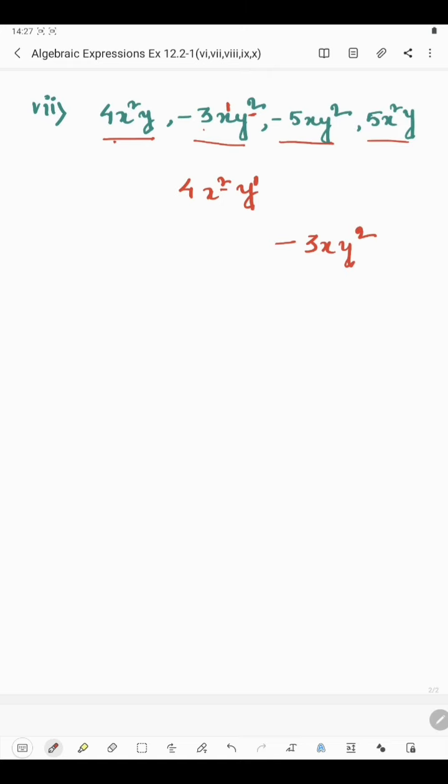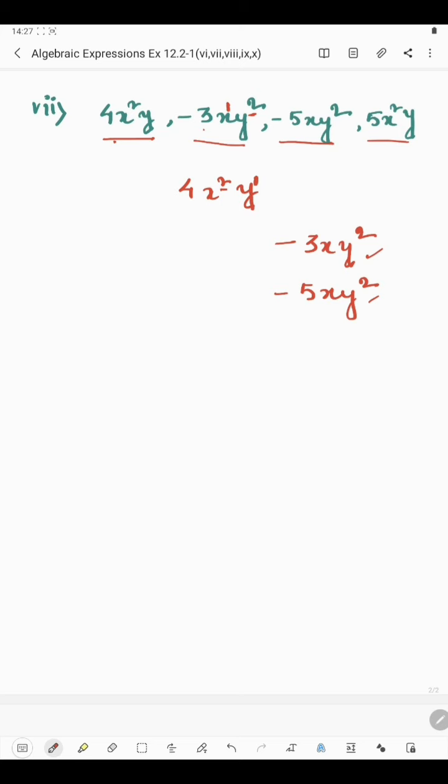Okay, so it's minus 3xy square. Now in the third expression we have minus 5xy square. That means the power of x is 1 and the power of y is 2. So here the power of x is 1 and the power of y is 2. So we will put minus 5xy square below minus 3xy square, because these and these are like terms.